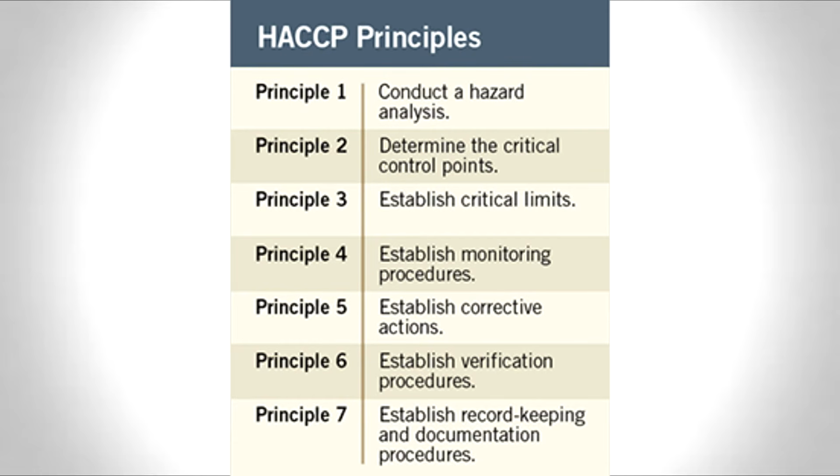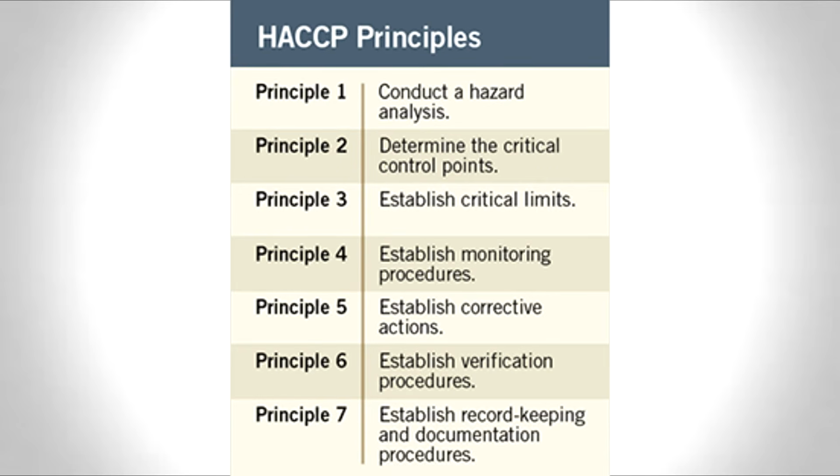Principle number 5, establish corrective actions. What do we do if the critical limit is not met? This decision-making process should be documented in the corrective actions portion of the HACCP plan. Principle number 6, verification. In principle number 6, we try to determine if our HACCP plan really does prevent foodborne illness.